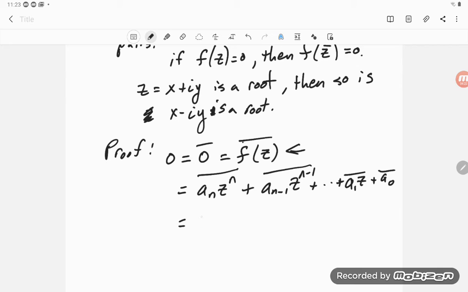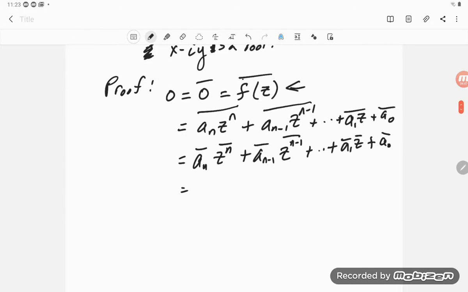But then we can do those separately because they're products, so that's a n conjugate z to the n conjugate plus a n minus 1 conjugate z to the n minus 1 conjugate plus, all the way to a1 conjugate z conjugate plus a0 conjugate.